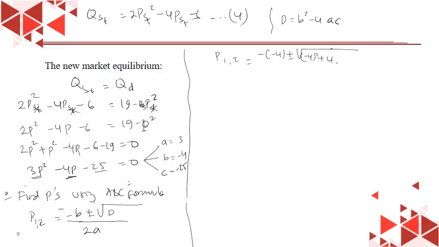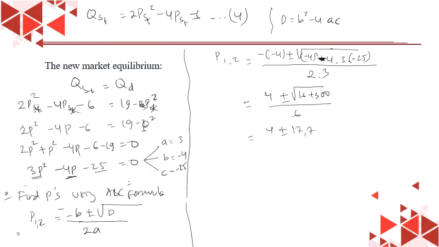Okay, 4 times 3 times, this one is minus, sorry, minus 4 times 3 times minus 25, over 2 times 3. So this one is plus 4, 16 plus 300 over 6. So this one is 4 plus minus the square root of 16 plus 300, 316, and the square root of it is 17.78, over 6.